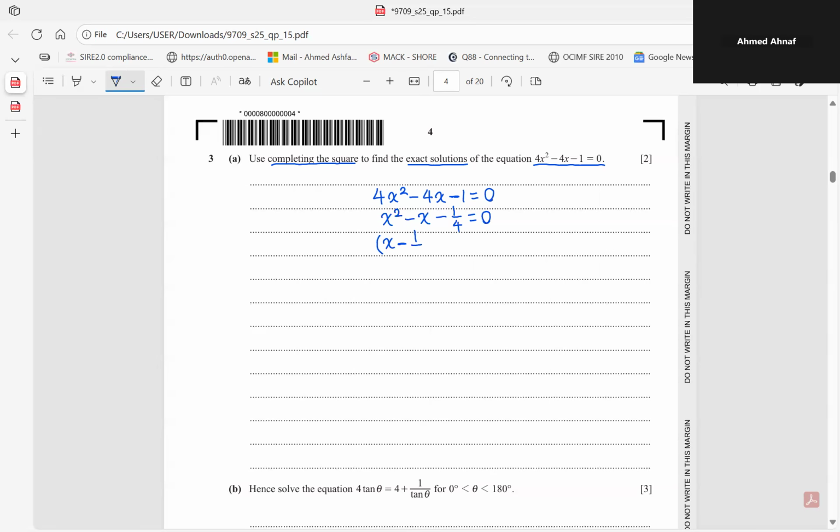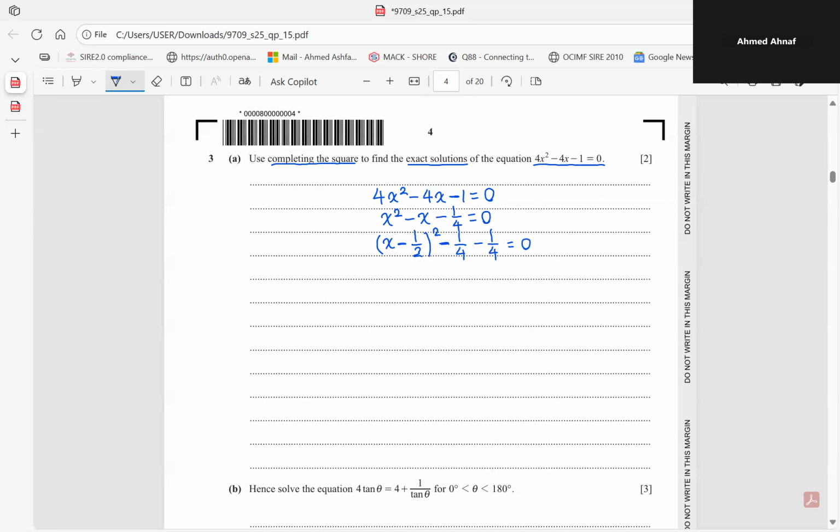So this would just be half. So x minus 1/2 squared, and you minus half squared. So that's just minus 1 over 4 minus 1 over 4 equals to 0.